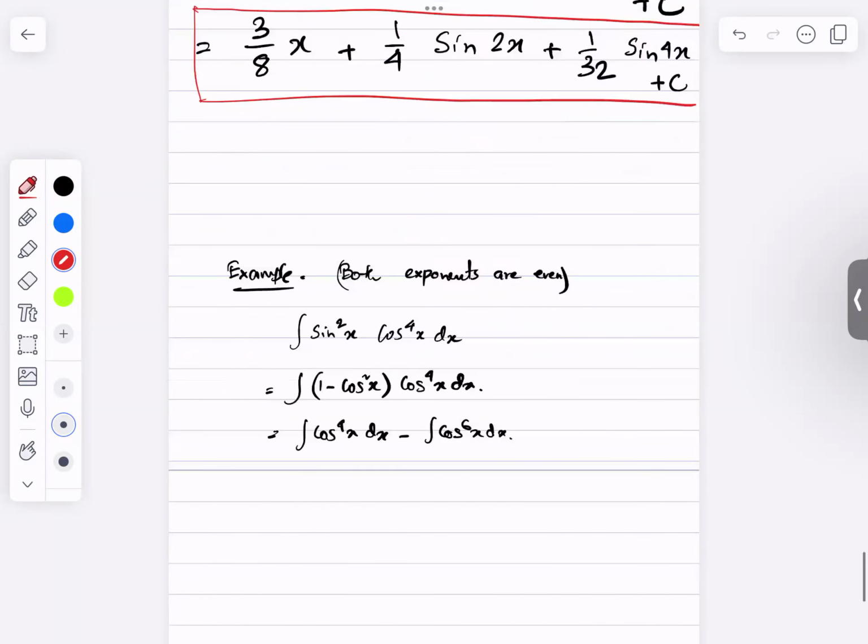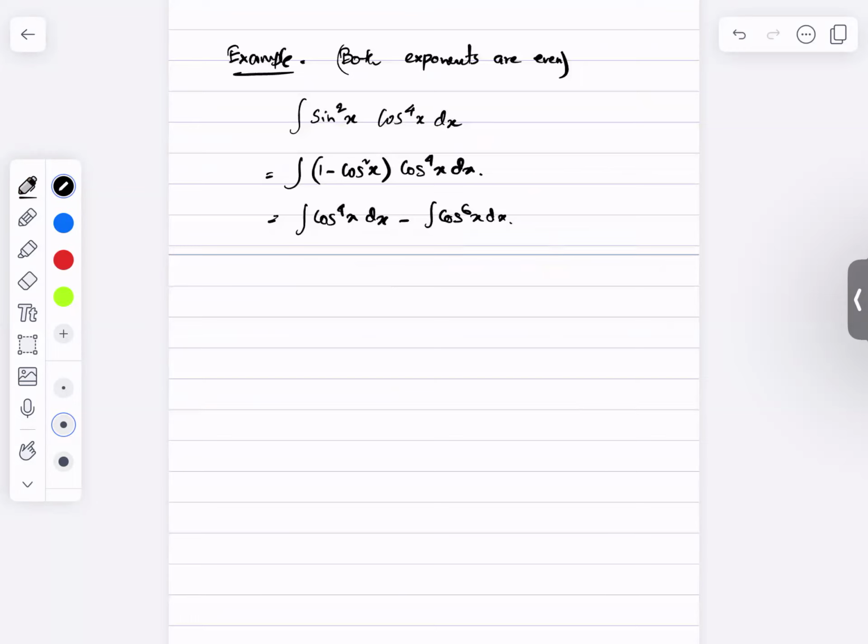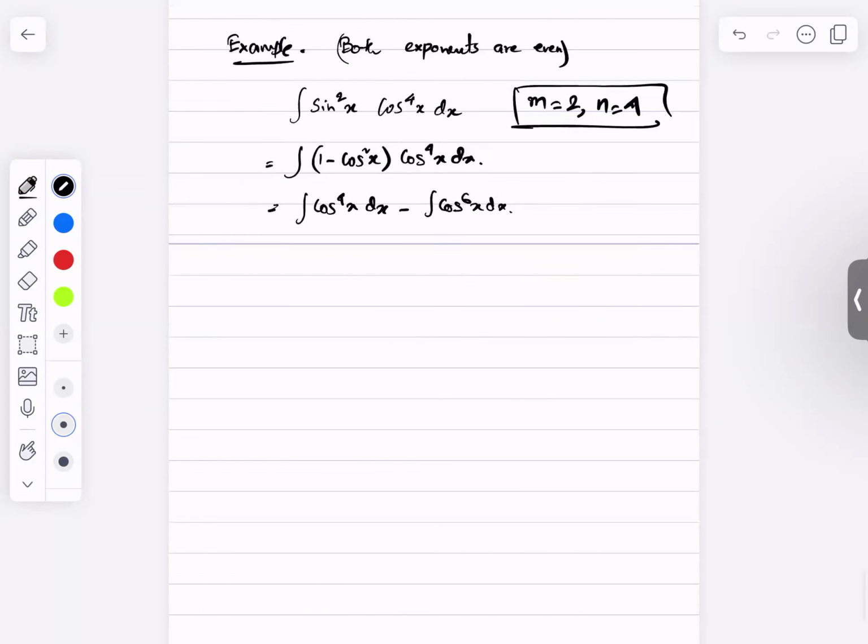Sweet. And the last example for today will be this one. When you have sine square x cosine to the 4x, so your m is 2, n is 4, both are even. So obviously, you have to use strategy 2. Strategy 2 has like 2 ways to do it.